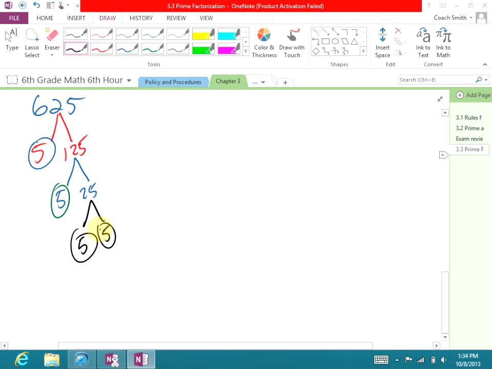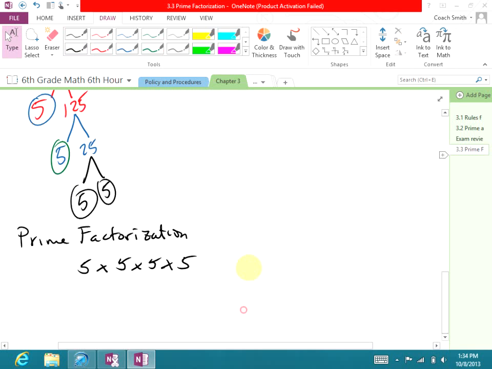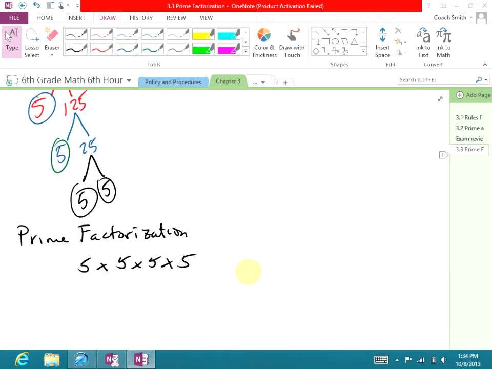Those are prime. So my prime factorization of 625 is 5 times 5 times 5 times 5, which expressed with exponents would be what, Quade? 5 what? Nope. How many 5s do I have up there? Right. 5 to the power of 4.